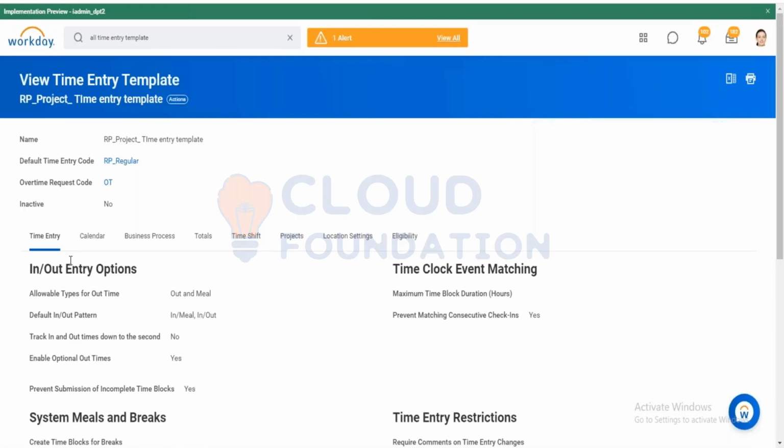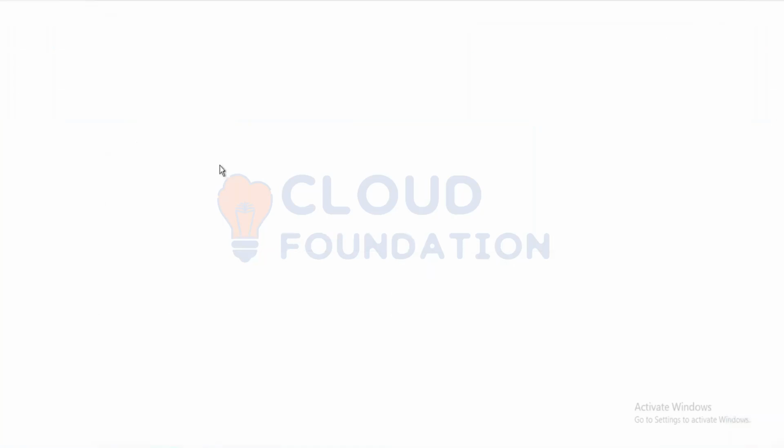All right. If you want to make that field mandatory, how would you do it? In here, under the work tag, I believe it's under the calendar, maybe, no, it is under the time entry code. Okay, so what would you do if you want to make it mandatory?